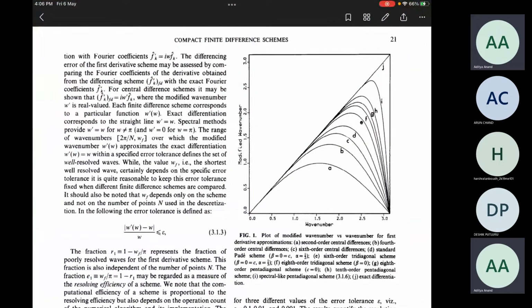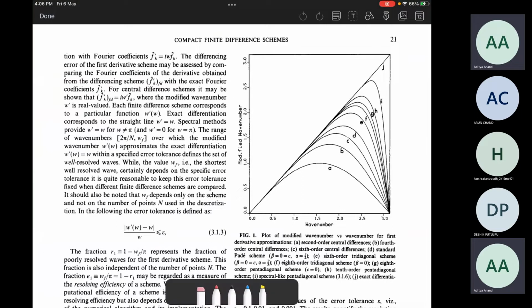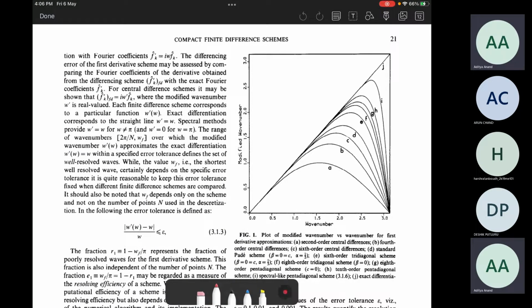This is what they have plotted here: the modified wave number k prime as a function of k. Sorry, this is not k prime by k, but just k prime, the modified wave number.